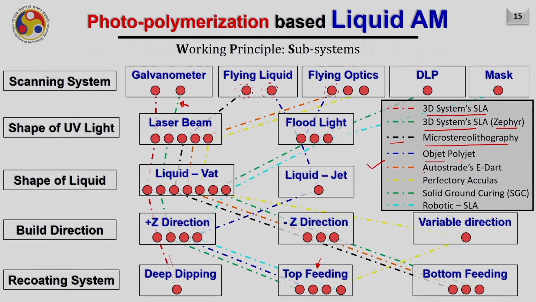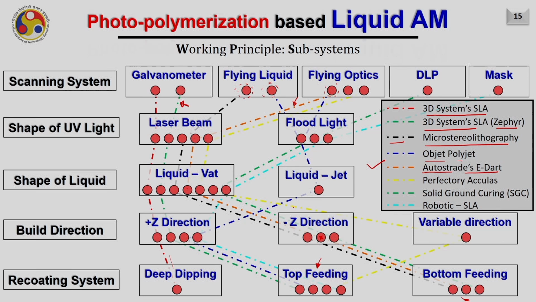Next is Autostrade's E-Darts. It is highlighted here in orange color. It uses flying optics, utilizes a laser beam, uses a liquid vat and builds the part in minus Z direction, in upside down direction, and utilizes bottom feeding.